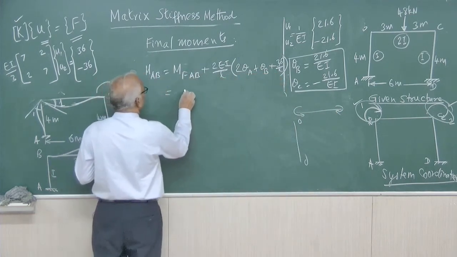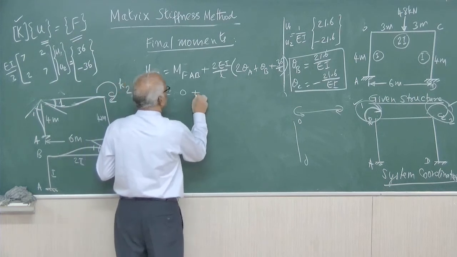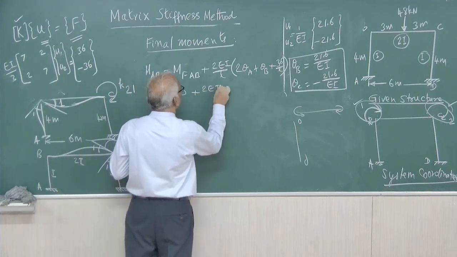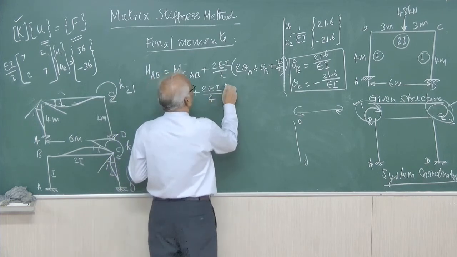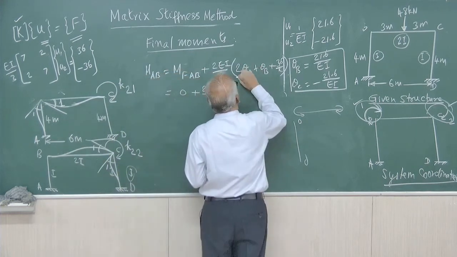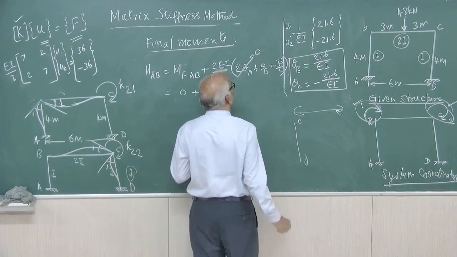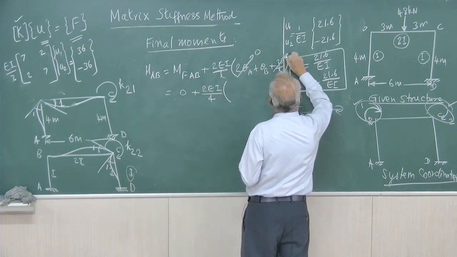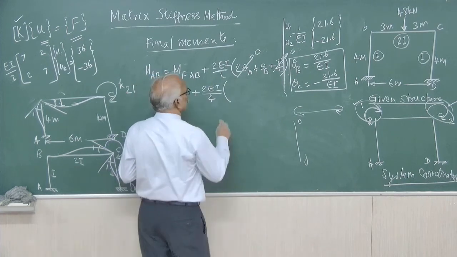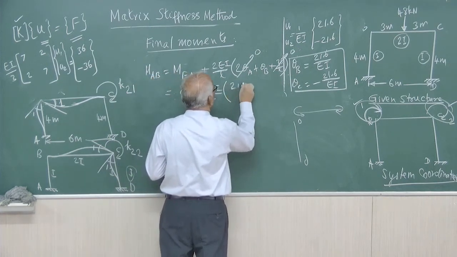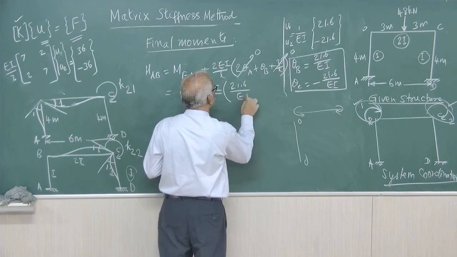MAB is 0 plus 2EI by L, where L for member AB is 4 meters. Theta A is 0 since A is fixed, there is no sway so delta is 0, and only theta B is 21.6 by EI.